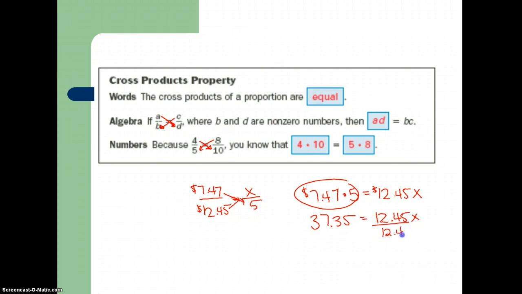Divide by 12.45, and you get 3. So you use your cross products, and then you divide. Cross products, divide. Those are the steps when solving a proportion using cross products.